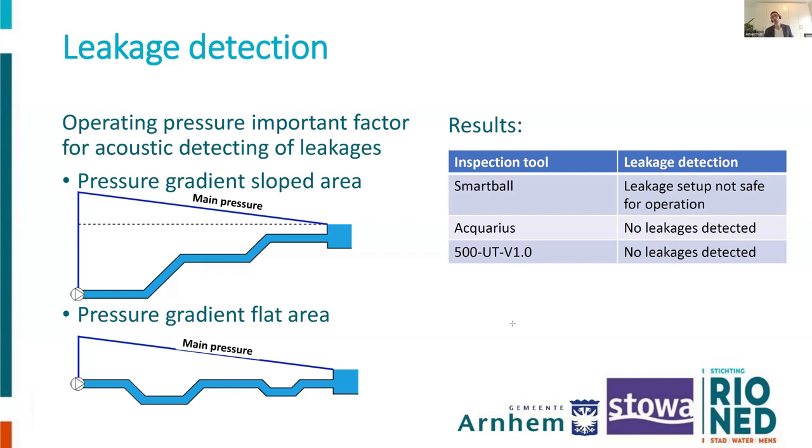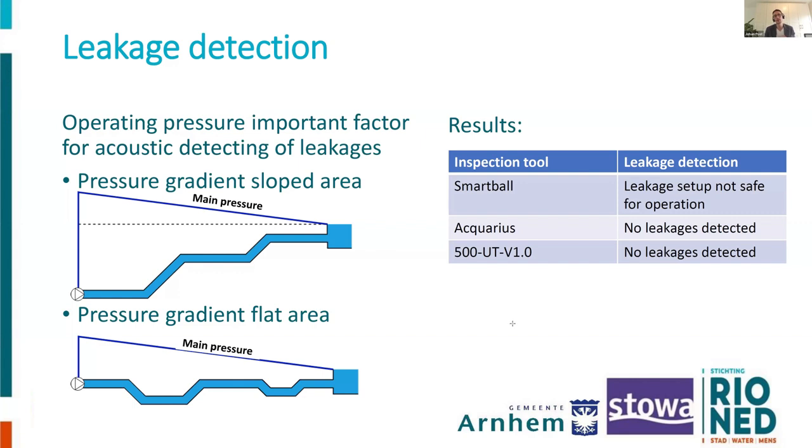Because if you look at the results in the right table, for the smart ball, the leakage setup wasn't safe to use yet. So it wasn't in operation, so we couldn't check over there. But both Acquaint and Rose were not able to detect the leakages because of the low pressure, which they stated before we started that it was likely that they wouldn't see it.